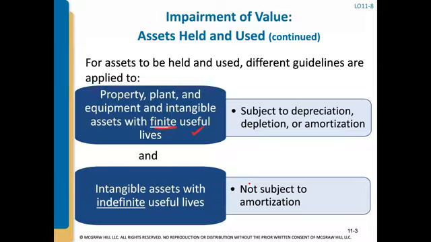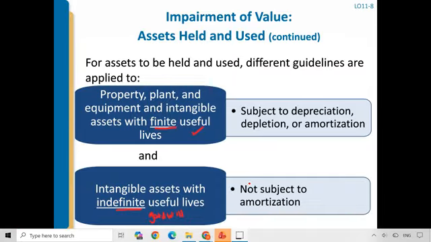There are also intangible assets with indefinite useful lives, such as trademarks, trade names, and goodwill. And this is what we're talking about in this specific recording. Goodwill has an indefinite life, and that's because, first, just know that goodwill cannot be developed or created internally.